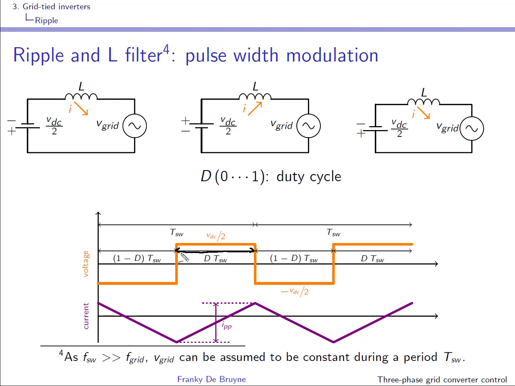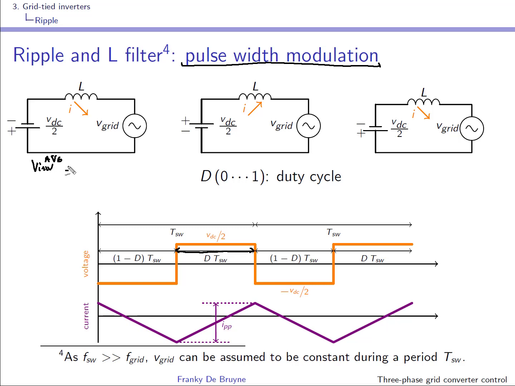So we're kind of modulating the width of this pulse, hence the name pulse width modulation that you've probably encountered in other courses already. Okay, so you can kind of compute what the average output voltage will be.